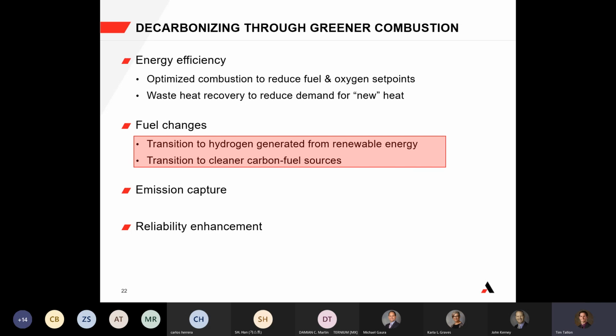Now let's talk about different ways that you can decarbonize by fuel changes. There are two different ways that we're going to talk about briefly. The first way is transitioning to hydrogen and also transitioning to cleaner carbon fuel sources.